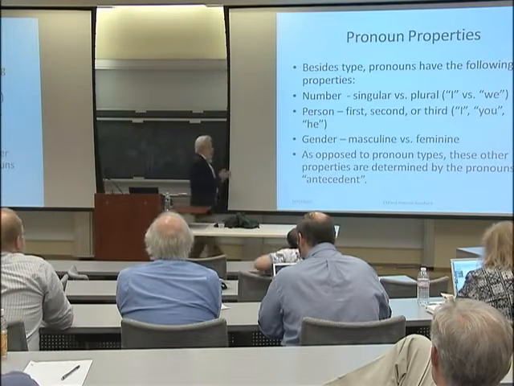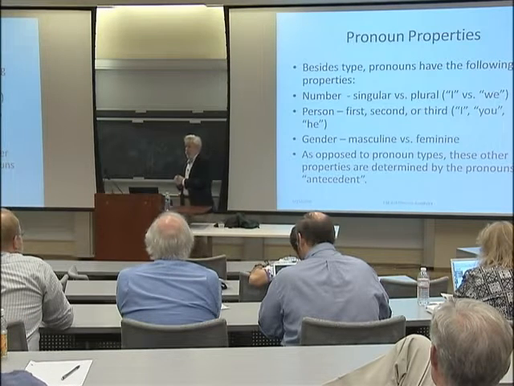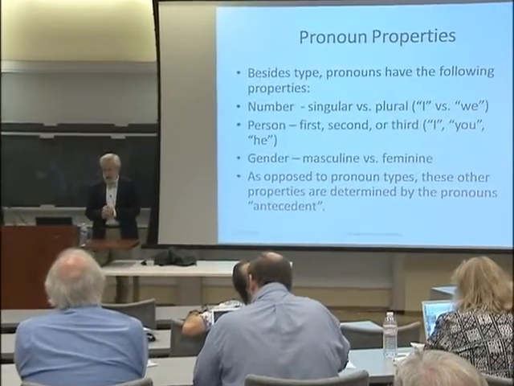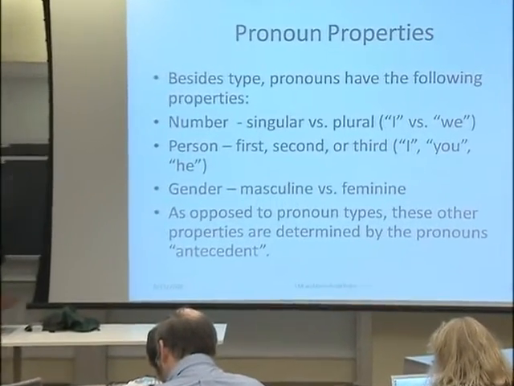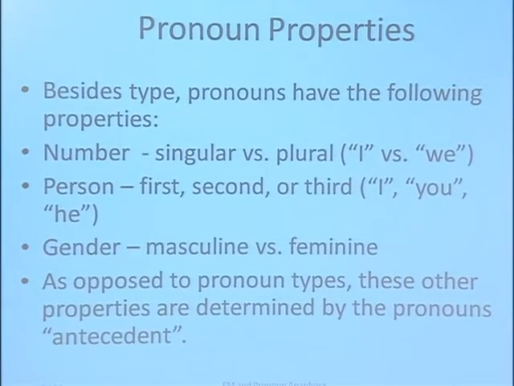Pronouns, however, do have properties that are of interest to us. Probably the most obvious is singular versus plural. I versus we. We refers to a group of people. I refers to an individual. You can refer to either, but he versus they.